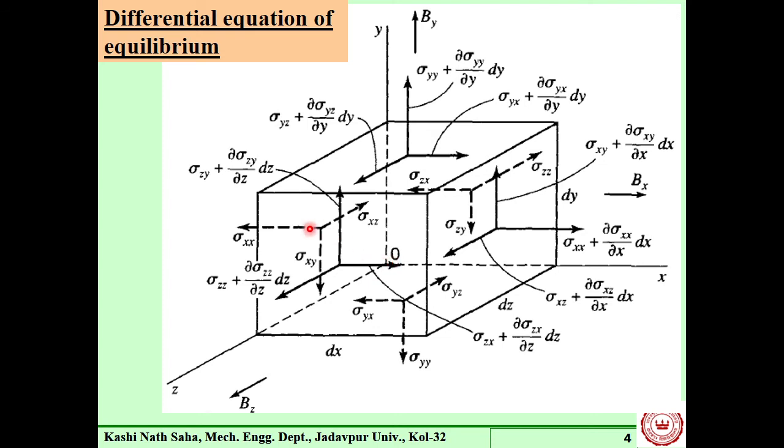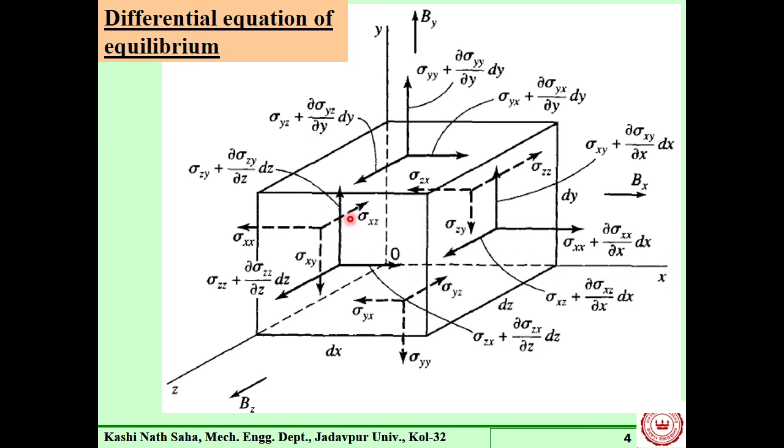We take the variation at this point and move by this distance dx, considering only the first derivative. This is how we do it for elemental considerations. This is the quantity of stress sigma xx we will get at this plane. So this variation is along x, this dx.